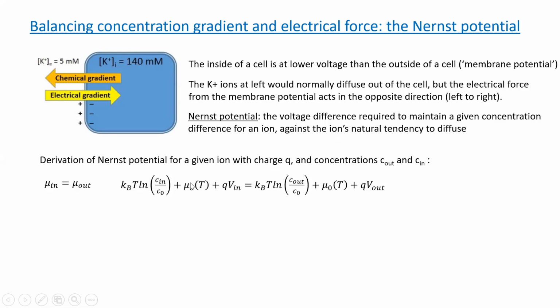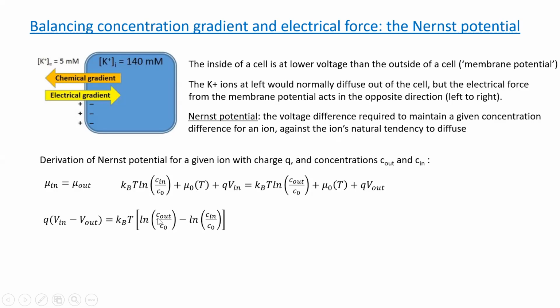This would be the balance here, and then we notice we can cross off the reference potential from both sides, and we have common factors of Q. So if we take Q times V in minus V out, and then subtract kBT log C in over C0 from the right side, we get this right here.